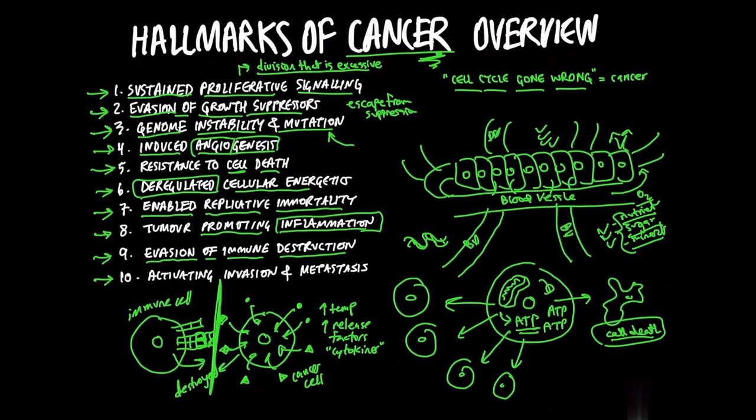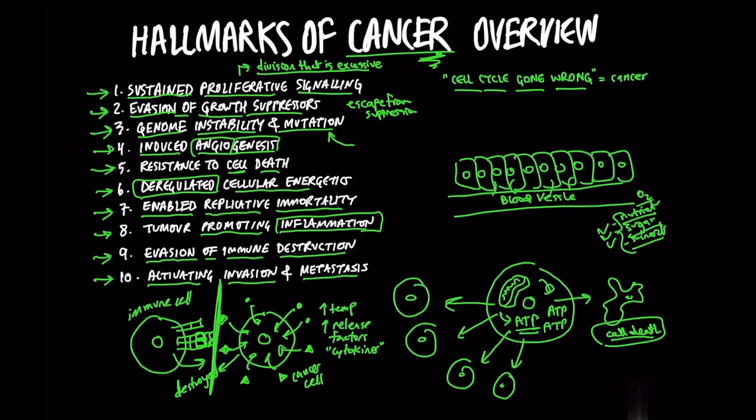Now, hallmark number 10, which most cancer-related death is due to, is the activation of invasion and metastasis. Again, we talked about having a layer of cells here and a blood vessel, right? Now, if these cells become malignant, I'm going to just change their shape. Let's say a group of them become malignant and these are still healthy.